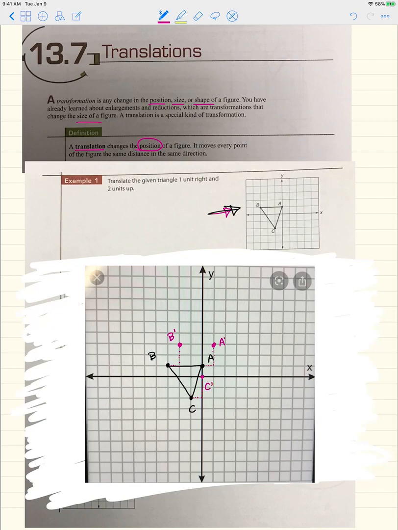So there's C prime. Now connect the points of your triangle, just like we did before. And we have the translation of our original triangle, 1 unit right and 2 units up. Notice the size of the triangle did not change. The position of the triangle did. Okay, that's a translation.